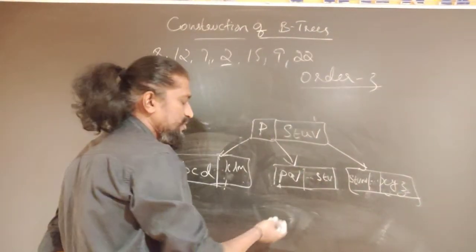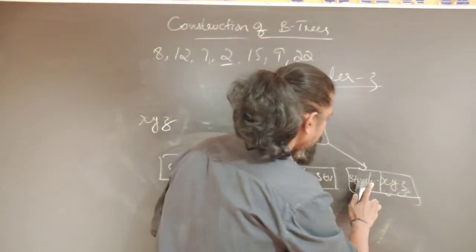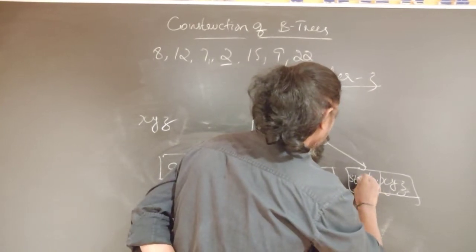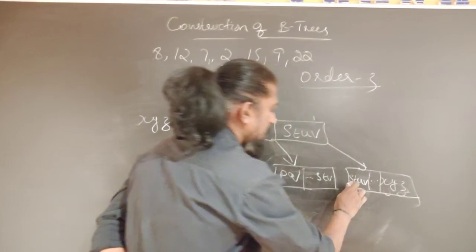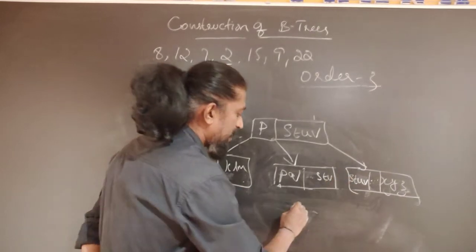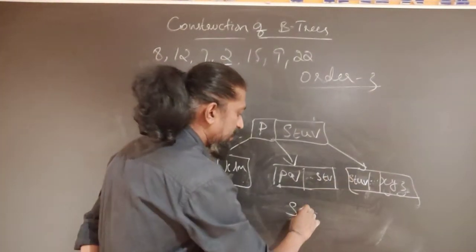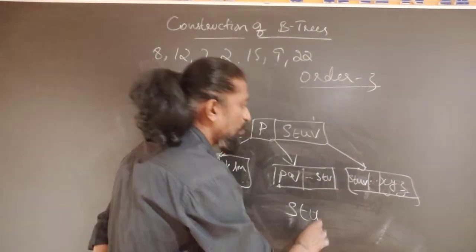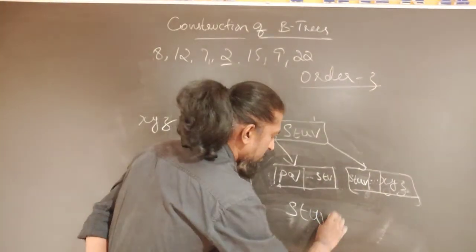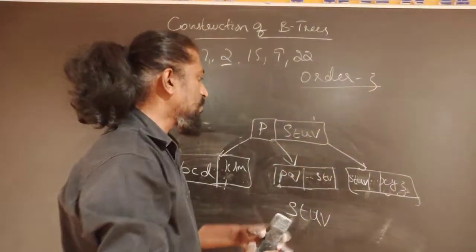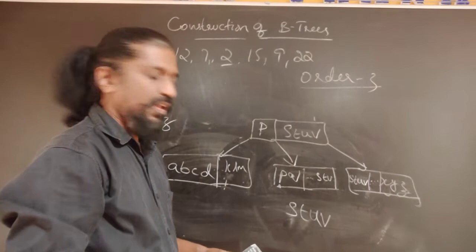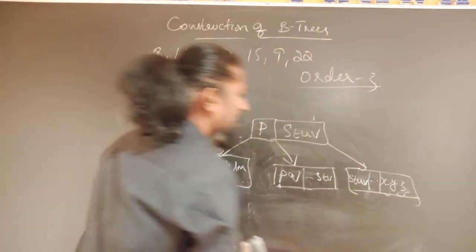Say suppose this key was just STUV and this was STU. Now S and S will be compared, S will appear in the prefix; T and T will be compared, T; U and U will be compared, U. Now this key got exhausted, but there is one more character, the last character, so STUV will be included in the root, and once again the search tree will look in a similar fashion. The same way we can continue constructing the B tree.